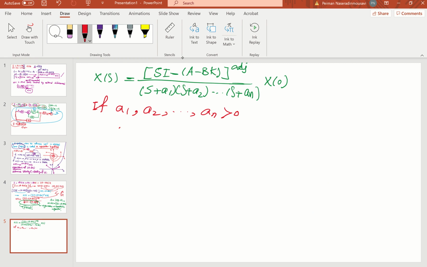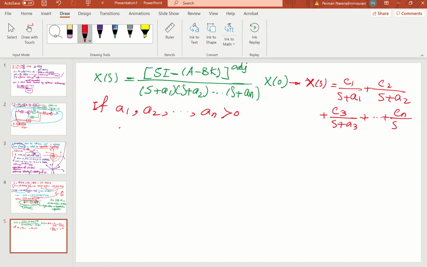So when you decompose this back to the time domain, remember undergraduate control, X(s) is going to be a sum of fractions: C1 over (s plus A1), plus C2 over (s plus A2), plus C3 over (s plus A3), up to Cn over (s plus An).